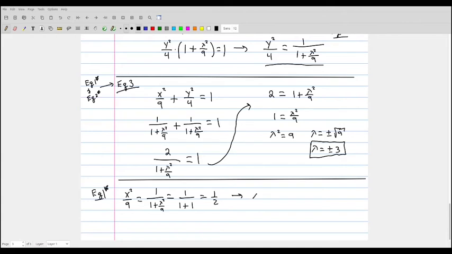Which means that x squared is going to be 9 over 2, if I multiply both sides of this expression by 9, or x is going to be plus or minus the square root of 9 over the square root of 2, which is plus or minus 3 over the square root of 2.